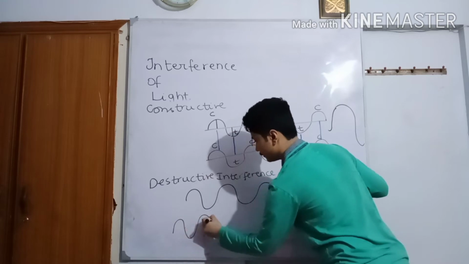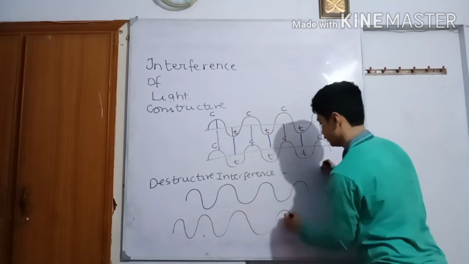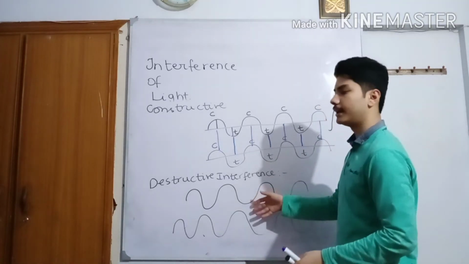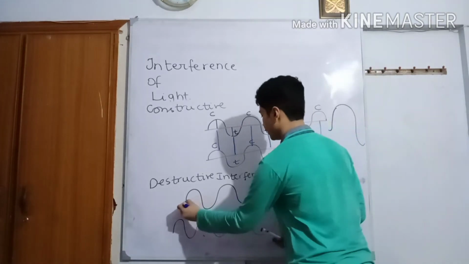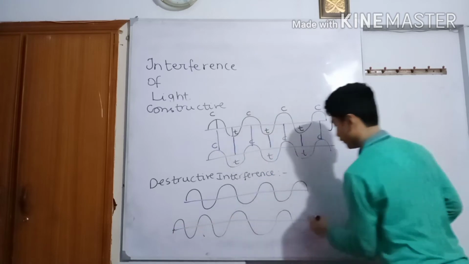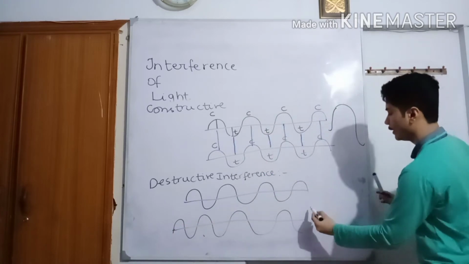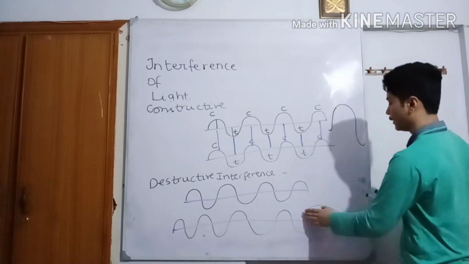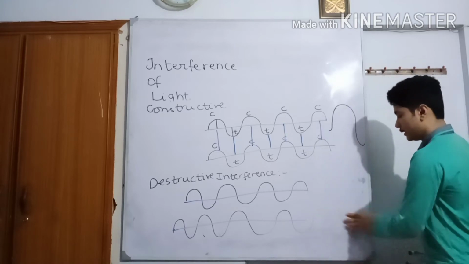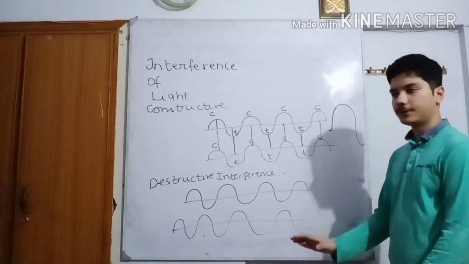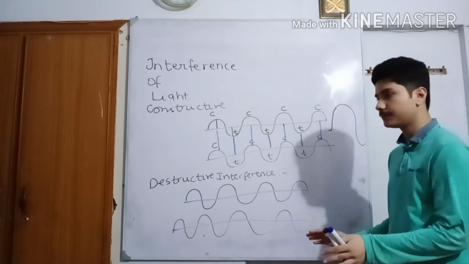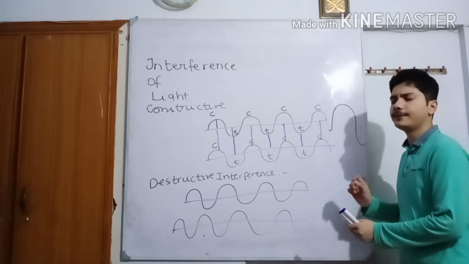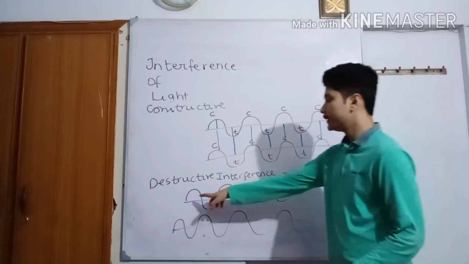There are two light waves which are generated at the same time, both having phase coherence, and now they're going to interfere. And what will happen now? A new light wave will form having very low intensity, or maybe no light wave is formed. Most of the time no light is formed, and a very little bit of the time some light is formed but having very low intensity. So that is destructive interference.